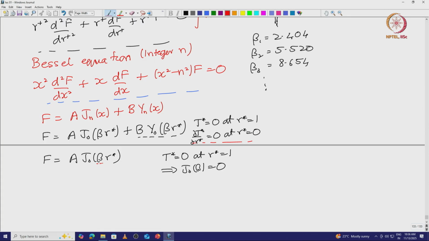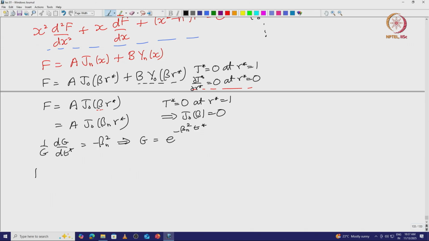So, I can write this as A J naught of beta n r star. Then I have to solve the other part of the equation, 1 over G dG by dt star equal to minus beta square, which implies that G is equal to e power minus beta n square t star.